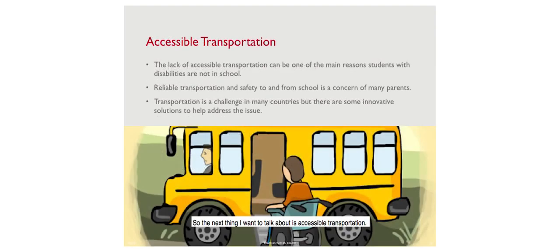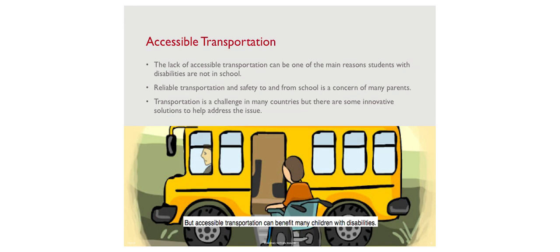So the next I want to talk about is accessible transportation. Accessible transportation can be a main barrier for inclusion. Often we think of infrastructure, like if we put a ramp in, but in reality, about 95% of children with disabilities can actually get into those schools. They just can't participate because there's inflexible curriculum, or teachers aren't trained, or they're not allowed.